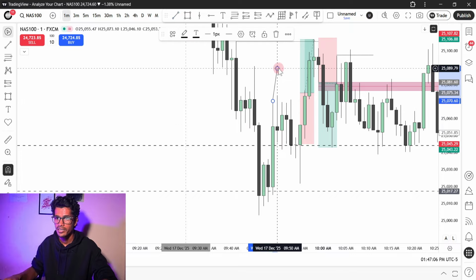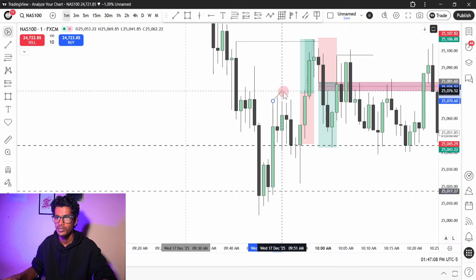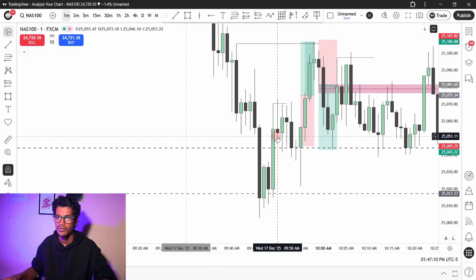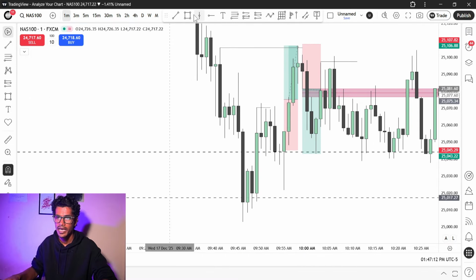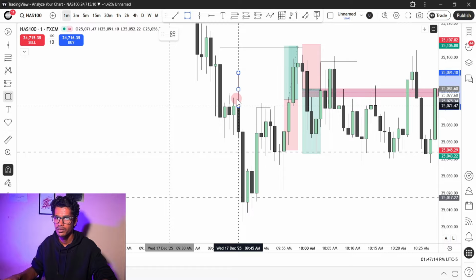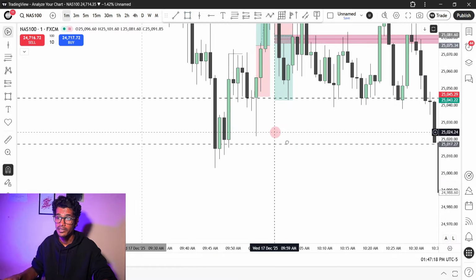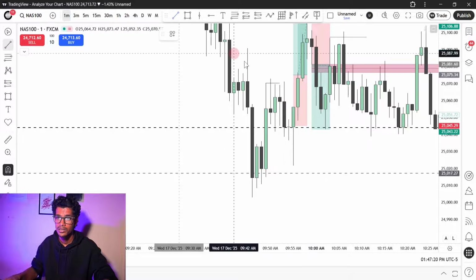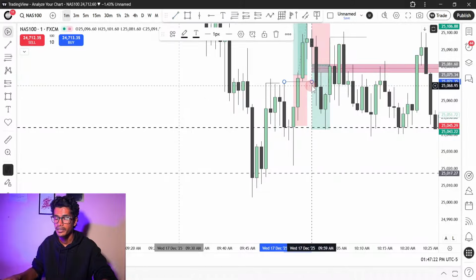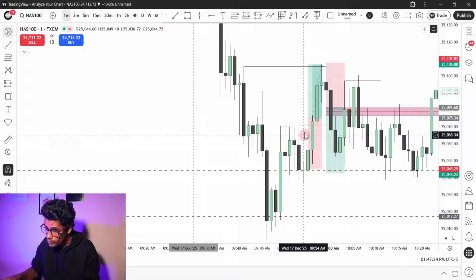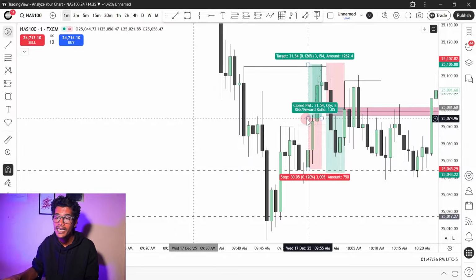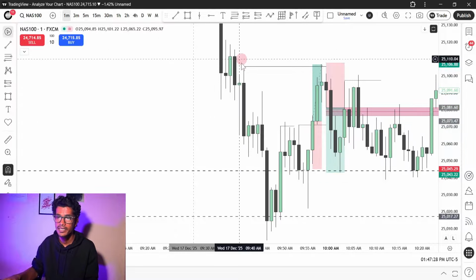We took out this high, we took out that candle's high. We tapped into this rejection block, but failed to go lower, broke this candle's high. And as soon as we broke that candle's high, I went in, targeting that high.